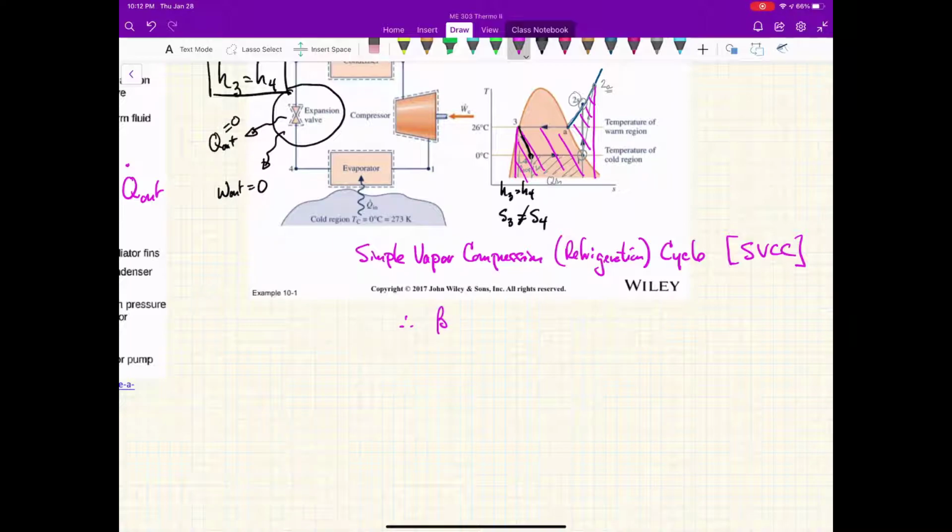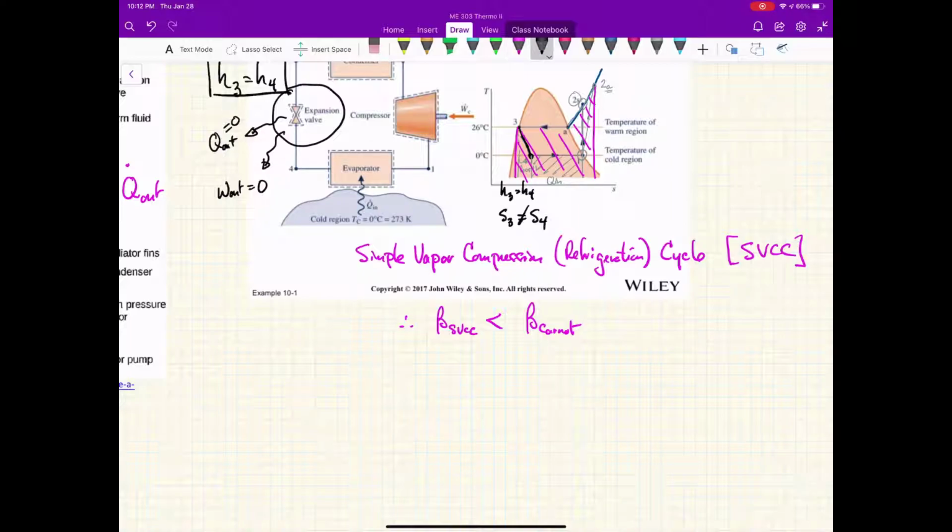Therefore, beta of SVCC is less than beta of Carnot, but you've already expected that, right? Carnot being the gold standard. So that's the coefficient of performance of that guy.